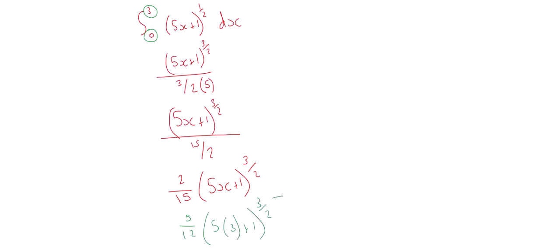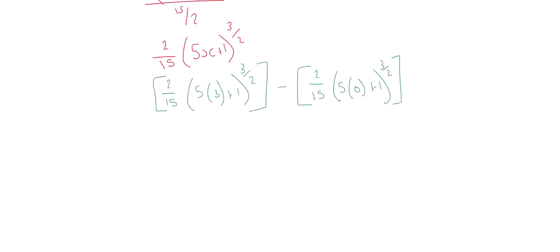And then I have to subtract the same thing. Why did I write 5 over? What? Why did I do that? Oh my goodness. 2 over 15, not 5 over 12. I'm going insane. 2 over 15 again. 5 times 0 this time, plus 1 all to the power of 3 halves.